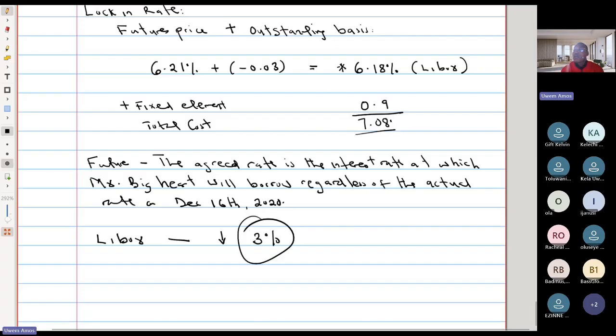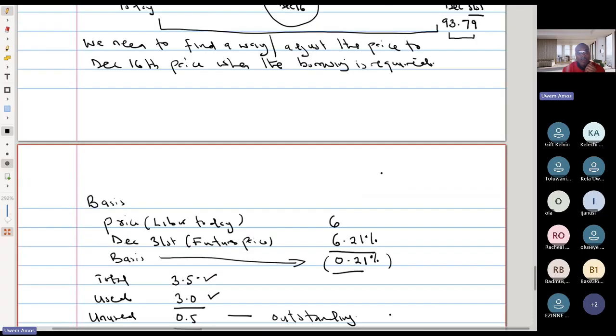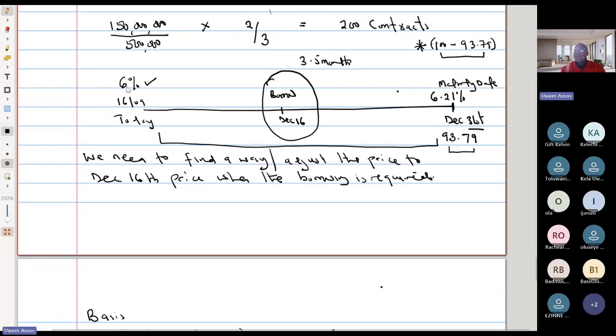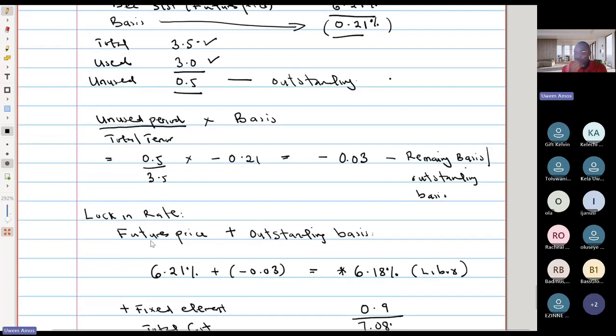And that becomes a problem for strategic financial managers. So just imagine that you told your company that interest rate now is 6%, which is what we have today. And you tell your company, I'm concerned that interest rate might get to 10% on December 16th, so please, let's do futures. And your company hurriedly goes to enter into futures. And after they adjusted the price, they arrive at the price of 6.18.